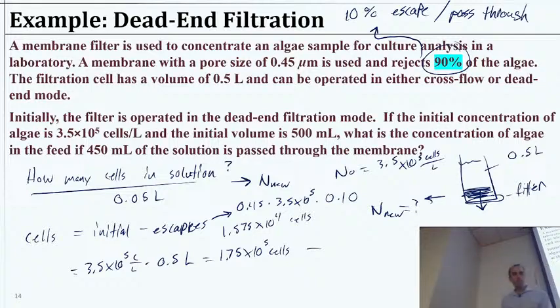Okay. All right, so then here we have 1.75 times 10 to the 5th minus 1.575 times 10 to the 4th. And then we're going to divide all that by 0.05. Just going to do this in Excel real quick.